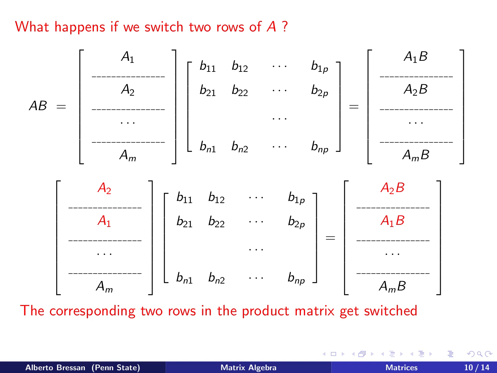Then A2 times B will be the first row in the product, and A1 times B will be the second row, and the other rows remain the same. So the corresponding rows in the product just got switched. We remark again, switching two rows is also an elementary operation we talked about earlier.